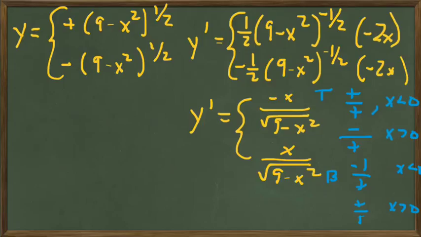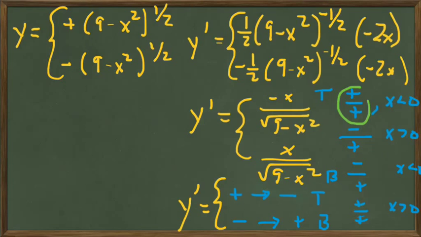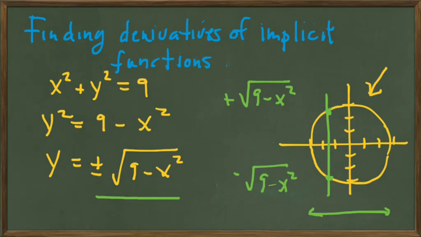So if we look at the signs of y prime, on the top half of the circle, the sign of the derivative moves from positive to negative, and on the bottom half of the circle it moves from negative to positive. And if we go back and look at our circle, we see that yes, this is increasing, decreasing, and this segment here is decreasing, and this segment here is increasing.